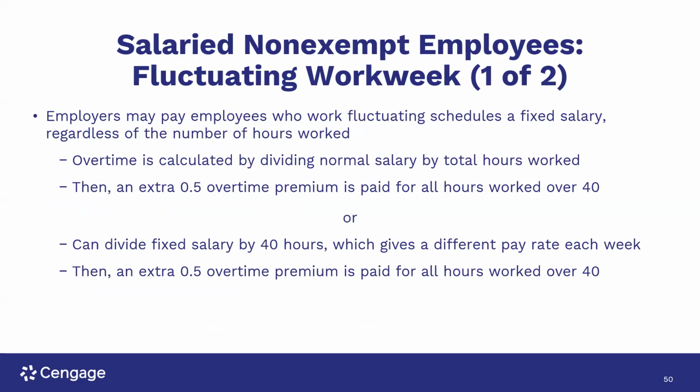Now, employers must pay employees for fluctuating schedules. If non-exempt employees are paid for a fluctuating work week, the employers may pay them a fixed salary regardless of the number of hours worked. And then the overtime is calculated by dividing the normal salary by the total hours worked.